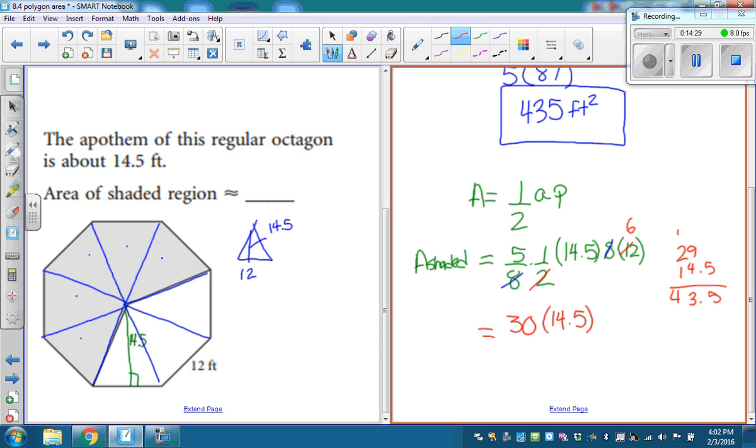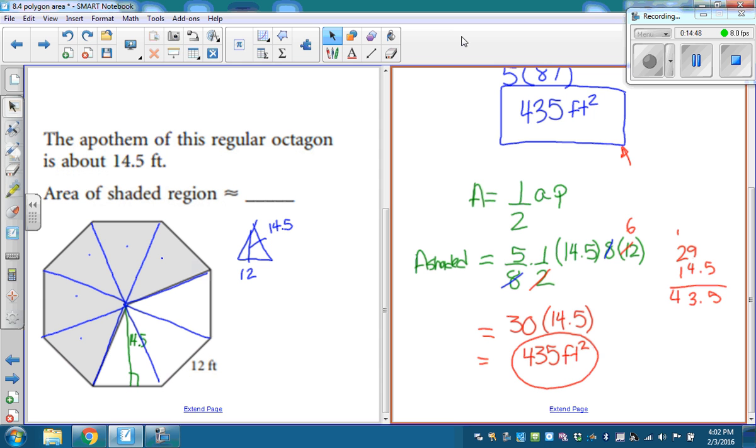So 30 times 14.5 is 435 feet squared. So that's just another way to do the shaded area. You end up with the same answer. That's using the formula. I kind of like reasoning through just with triangles. That's the gist of today.